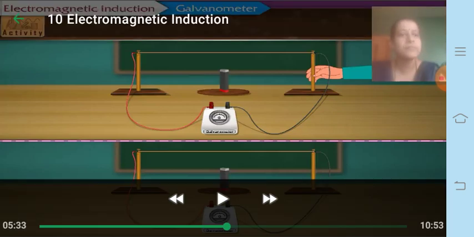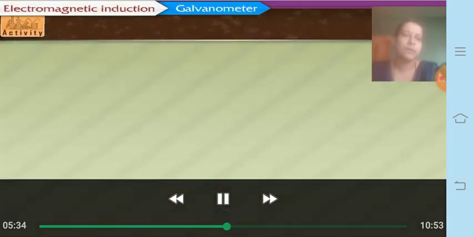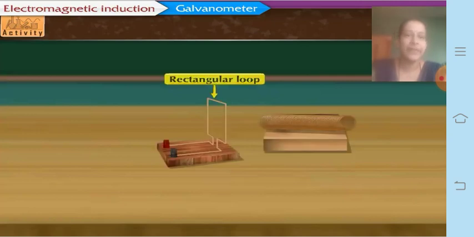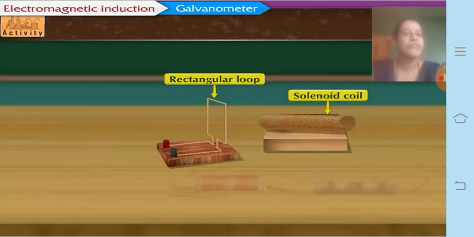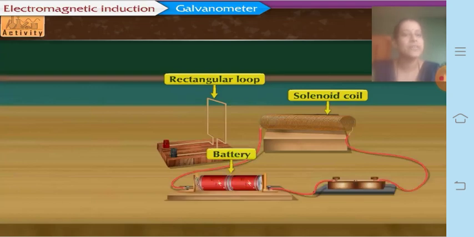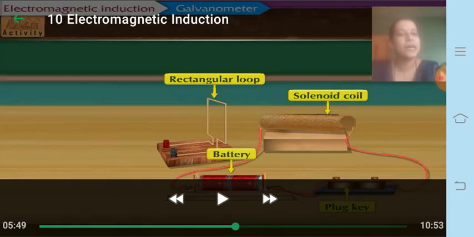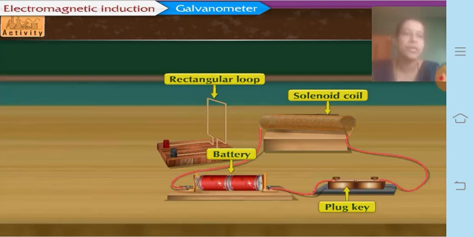Let us proceed now by doing another activity. For this we need a rectangular loop and a solenoid. You know now what a solenoid coil is. You need to connect this solenoid to a battery through the plug key. So this is a complete circuit wherein a battery is there and a plug key is there.